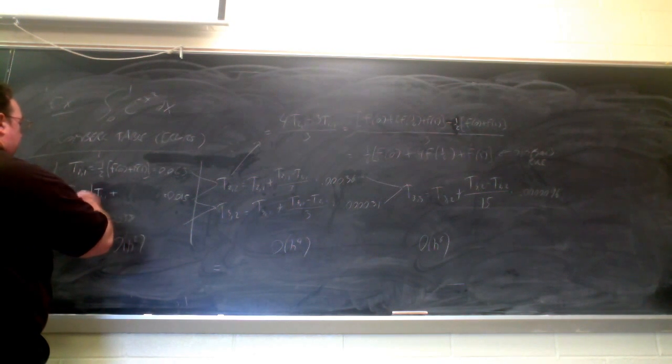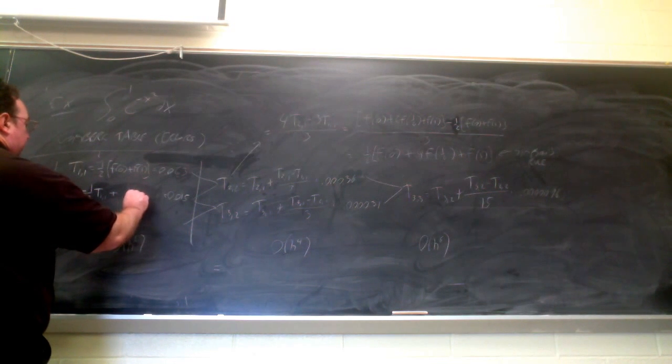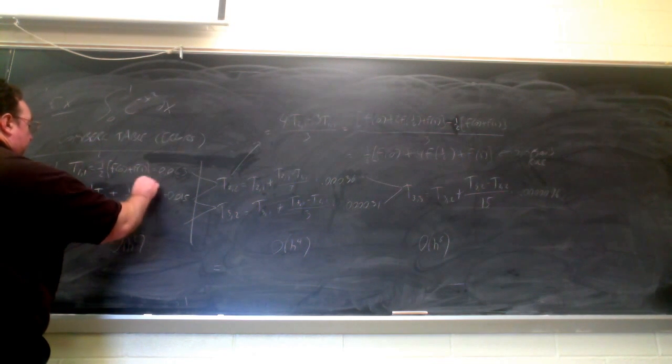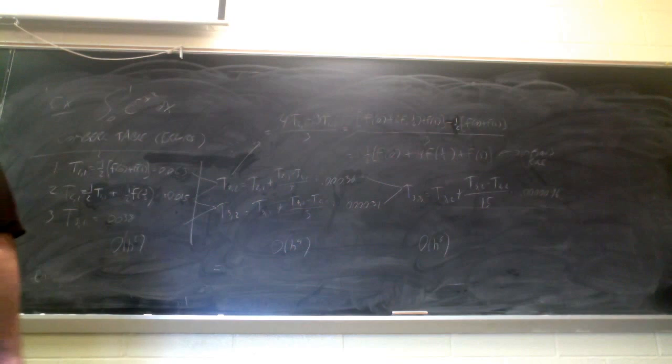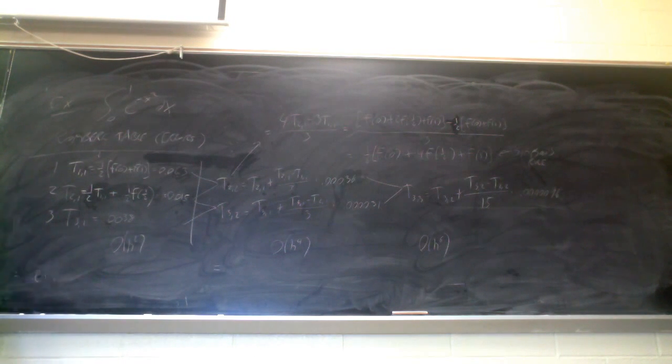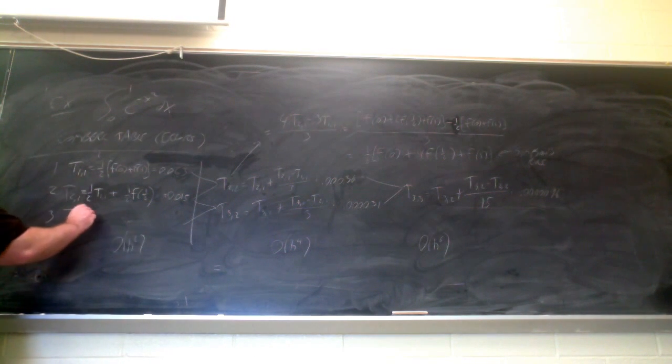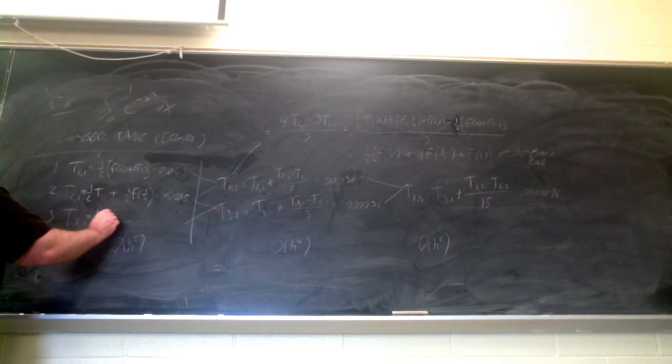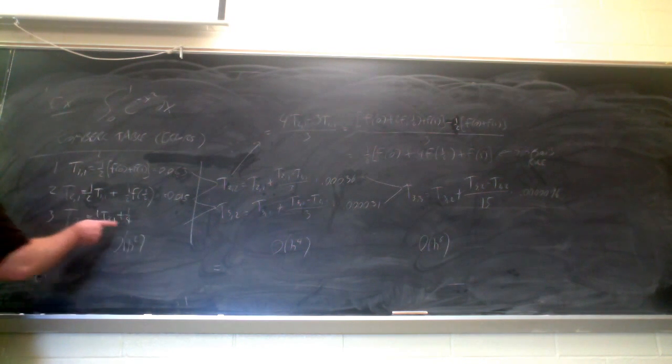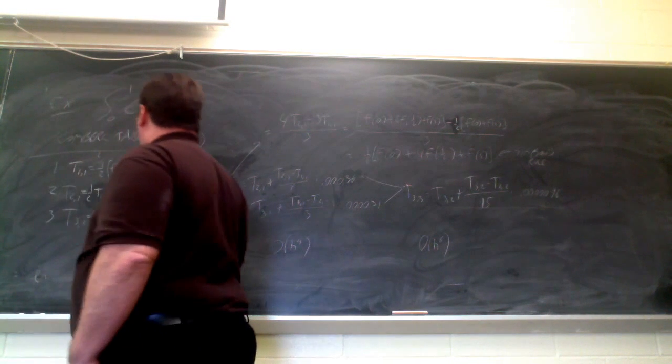Let's see, I have 1/4 plus 2. Okay, so 1/2 f of 1/2. And then this next one would be 1/2 times (f of 1/4 plus f of 3/4), because this is the h for this level.